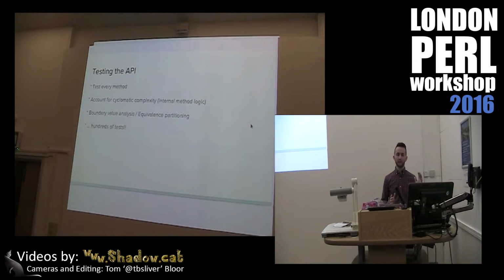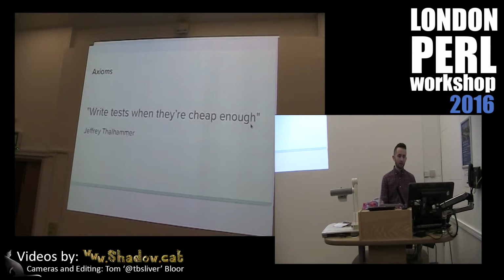So for even a simple API, this leads to hundreds of tests. And that is fine, but when your API changes, your tests need to change as well. And so that can get quite expensive. One way of dealing with this that Jeffrey Thalhammer told me is he writes tests when they're cheap enough.